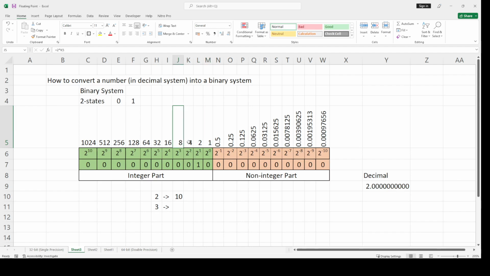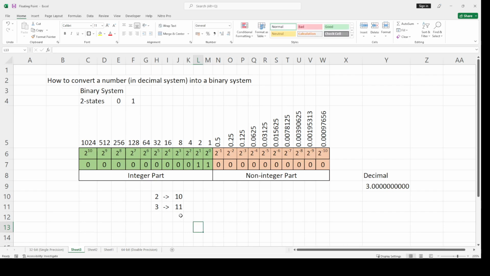But if I put 1 in 4, it exceeds the number 3. That is why 2 plus 1 is equal to 3, and I will turn on the switch under 2 raised to 0, or 1. Therefore, the binary counterpart of number 3 is 1, 1.